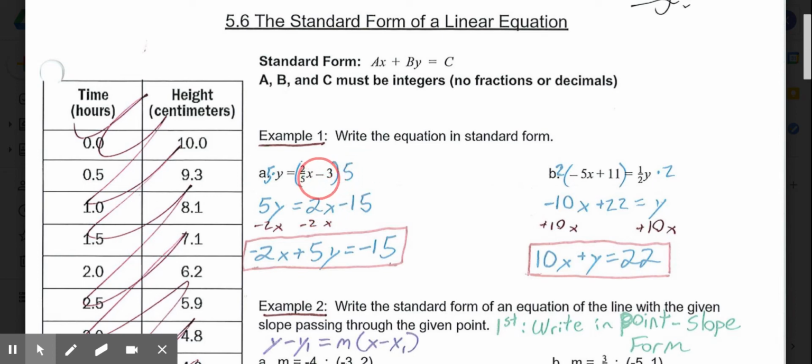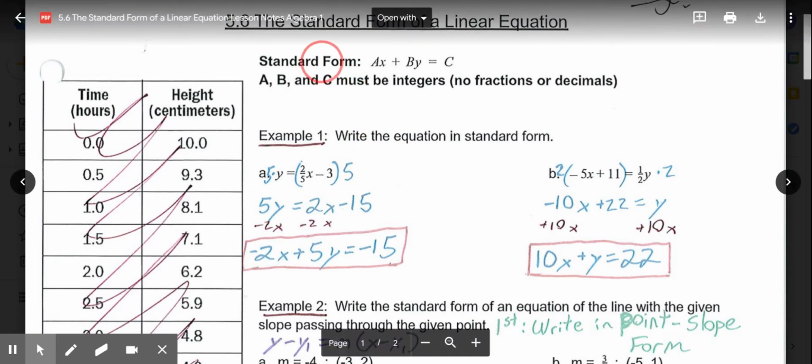The 5 on top and bottom cancel. So 2/5 x times 5 gives me 2x. And then minus 5 times 3, which is minus 15. So we distribute this 5 to each part of the inside. So then what I have is 5y equals 2x minus 15.